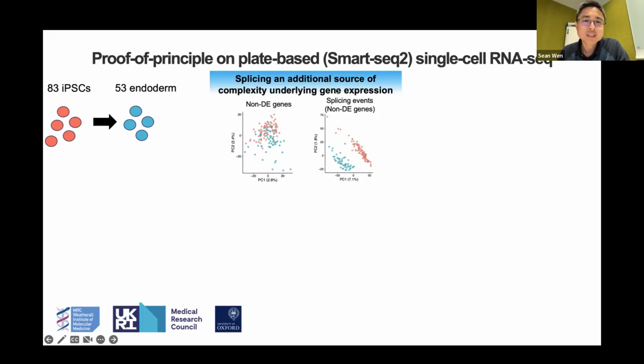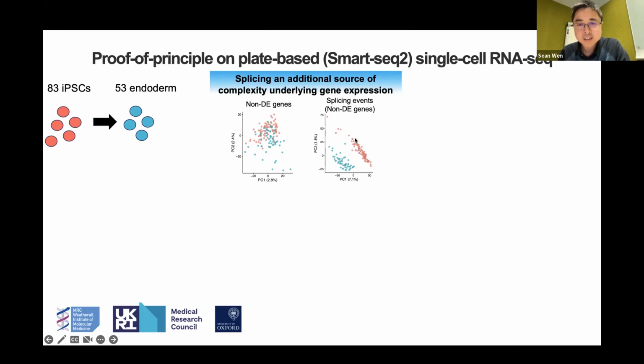What this means is that if I use non-differentially expressed genes to try to separate these two cell populations, you will see that it doesn't really do a good job in separating them. Whereas if I take the alternative splicing events from this set of non-differentially expressed genes, you will see that it successfully separates the two cell populations.